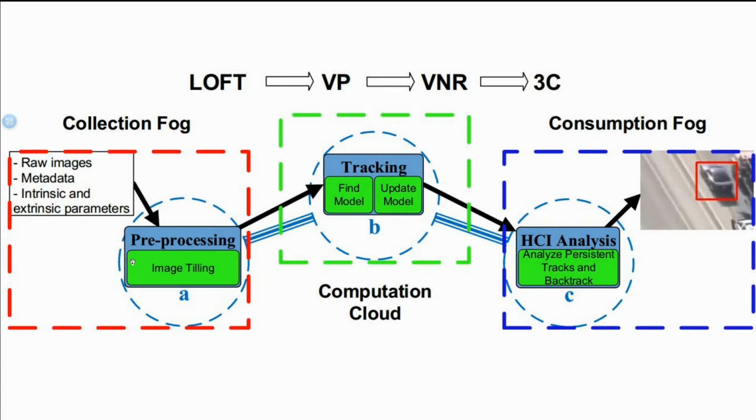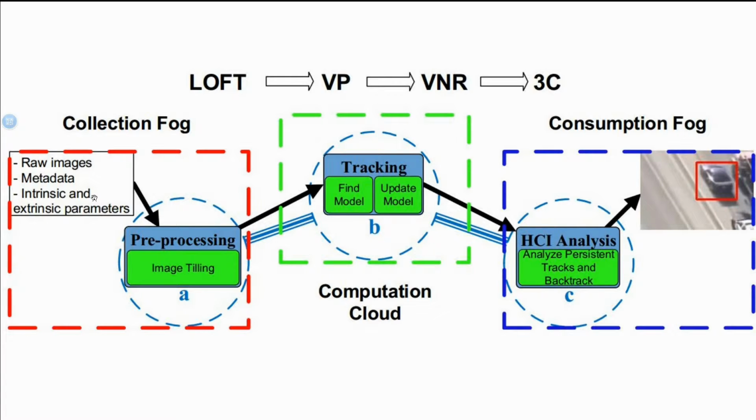If our application consists of steps like preprocessing, tracking, and HCI analysis for object tracking, we can split them across three different nodes. At the same time, we can decide how many resources we need for doing particular operations.